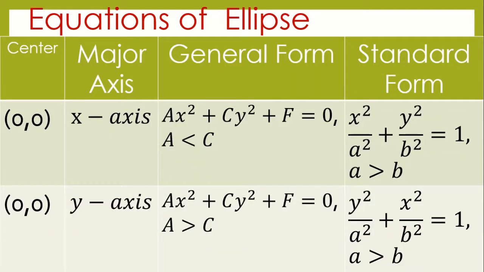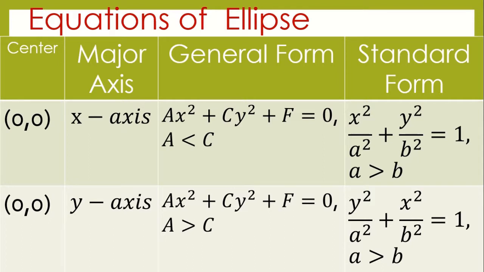We have here a table of the equations of an ellipse. As you can see, the center of this ellipse is located at the origin of the xy plane. And if the major axis is along the x-axis, ibig sabihin, we have an ellipse that is horizontal.